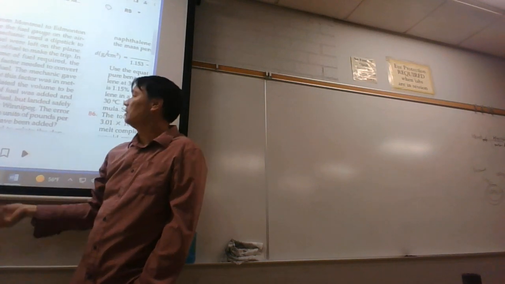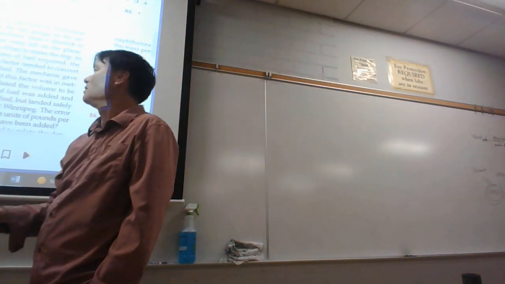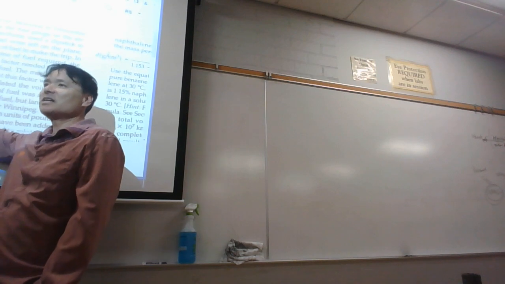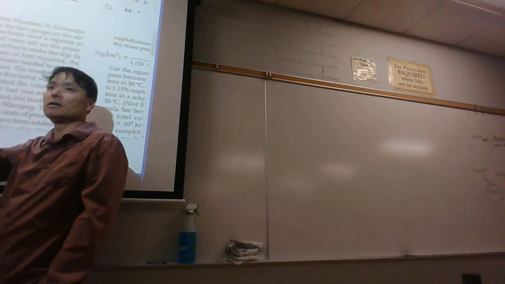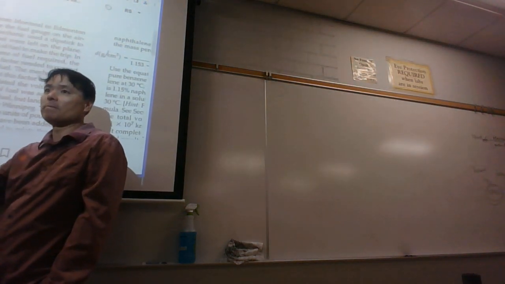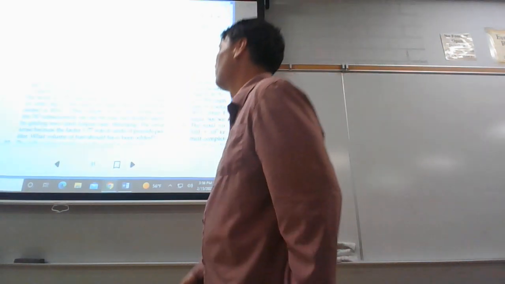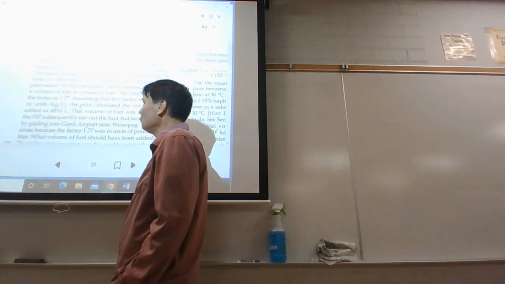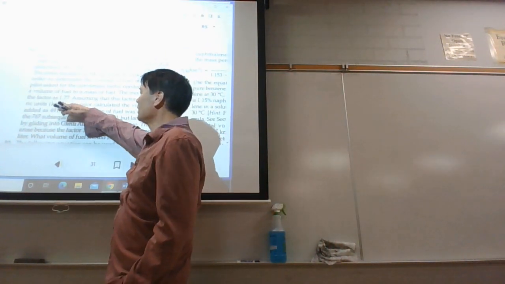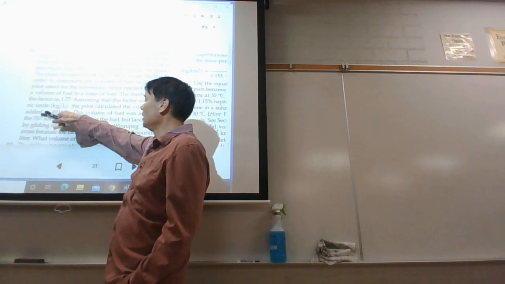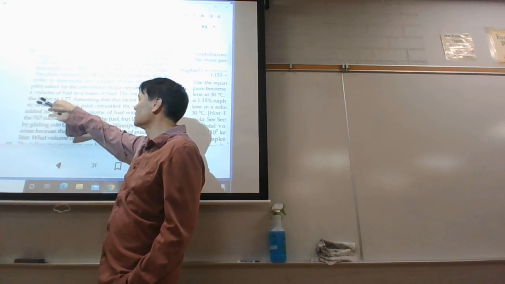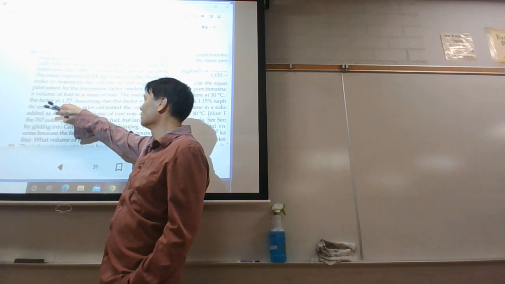Well, if we want to convert volume to mass, we need the density. So this has got to be the density. But the density of fuel changes with temperature. And so the first question is, is that the correct density for that temperature? Well, let's assume it is. Let's assume that the mechanic has a table, and when they looked at the table, this is the correct density for that temperature.